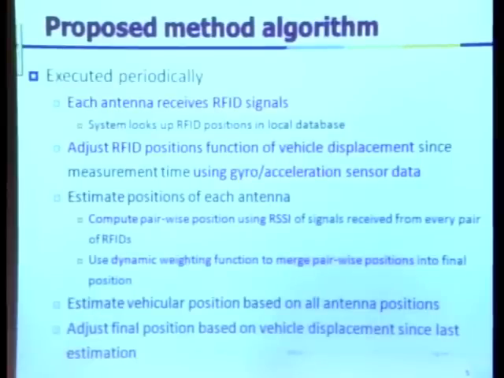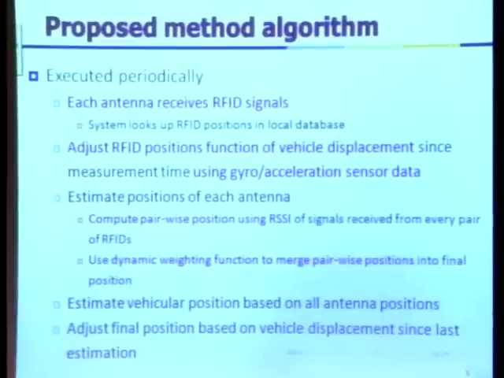There are so many sentences, but the point is these four. One is to adjust RFID positions by using vehicle displacement. Next is the computation of pairwise positions from every pair of RFIDs. So if we get signals from n RFIDs, we compute the nC2 combinations of RFID pairwise positions.